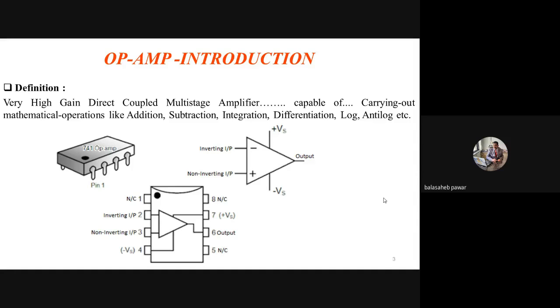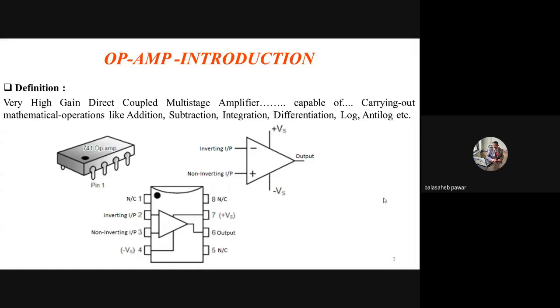Take one sinusoidal signal and connect it at the inverting input. There is some feedback path and all that to control its gain. Otherwise, it operates in saturation. How it operates in saturation or exactly what happens, that also we'll discuss later on.